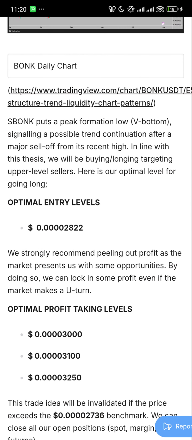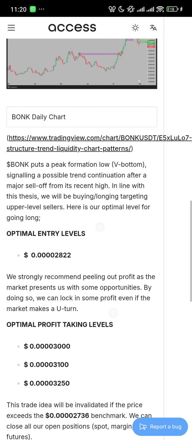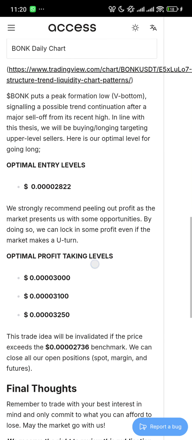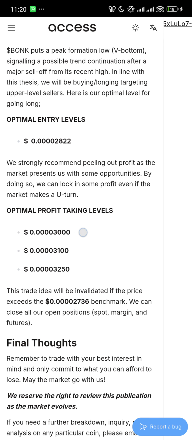Now this is the entry level for this trade. This is the optimal level according to our analysts. Now this is our optimal level for taking profit. We have 3 levels for taking profit. Once the price gets to any of these points, you can begin to take your profit. You can decide to take everything out at this price or this price or this price, or you can take it in batches.